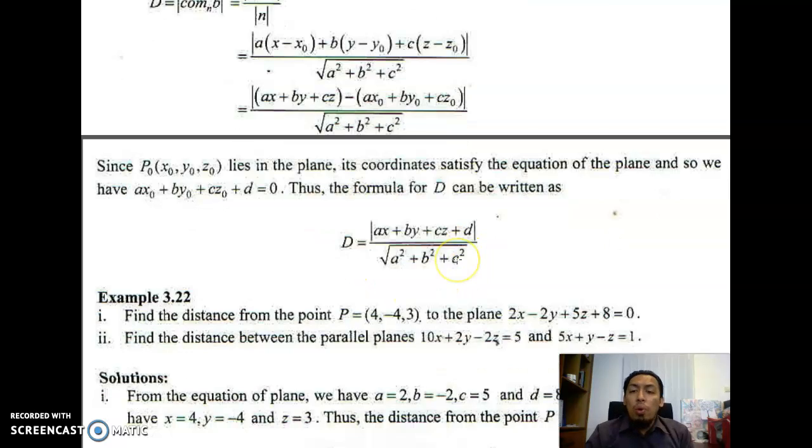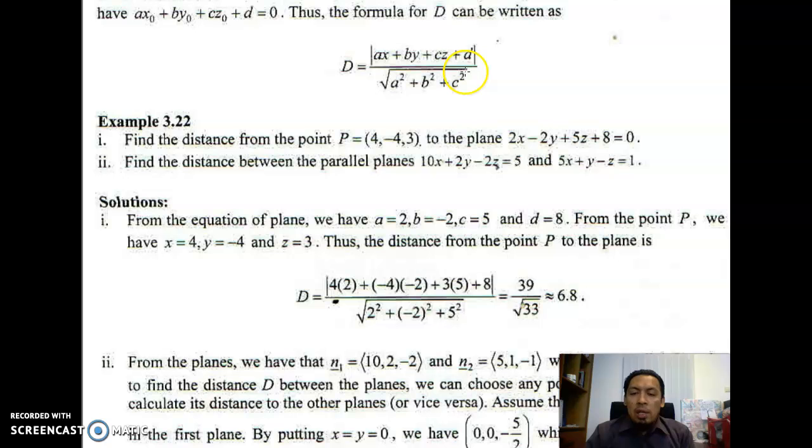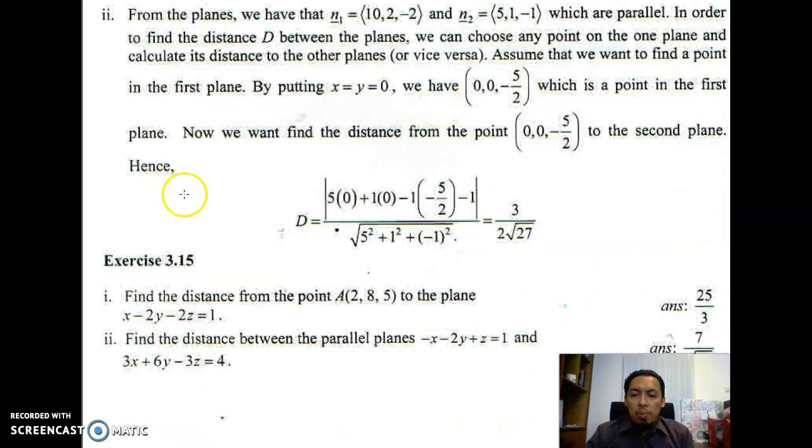What's more important is how to use this formula. Let's discuss exercise 3.15. We have to find the distance from point A to the plane x minus 2y minus 2z equal to 1.